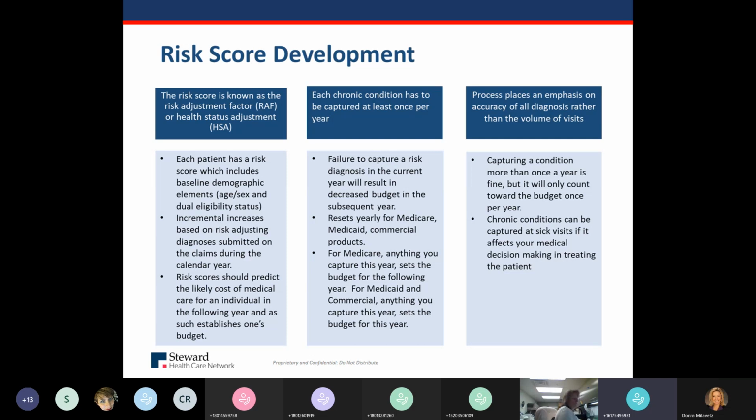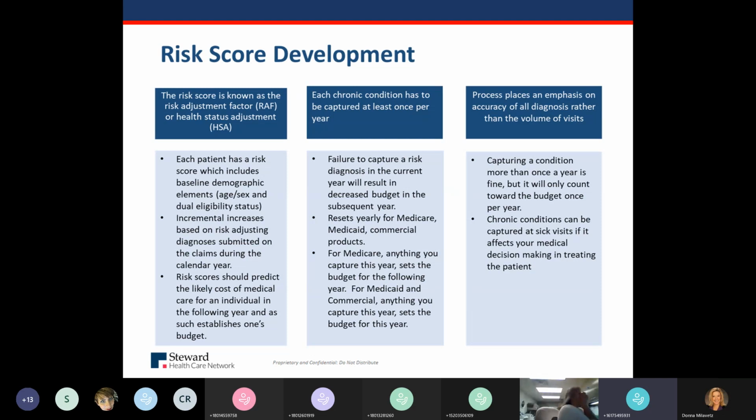And then every chronic condition or risk adjusting condition that's captured and submitted on the claim during the year increases that budget incrementally. So at the end of the year, a risk score is determined based on all those chronic conditions, and that risk score sets a particular budget for that patient.